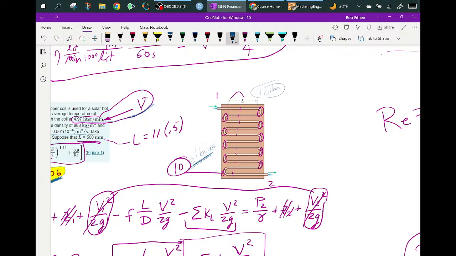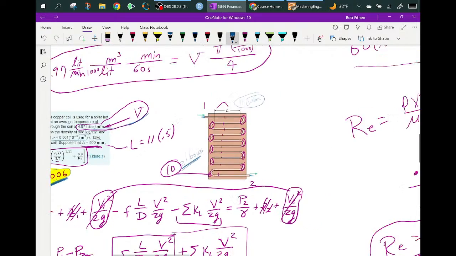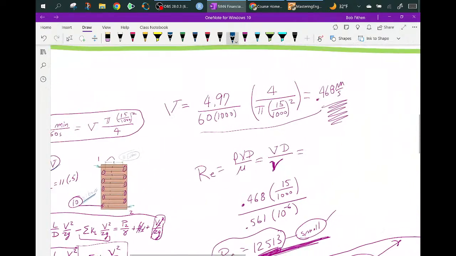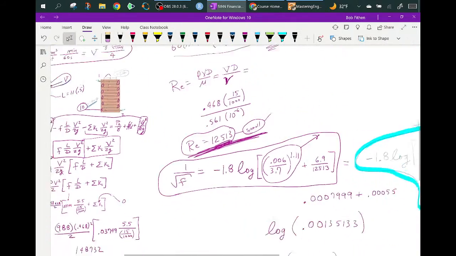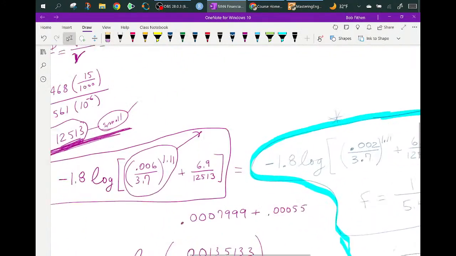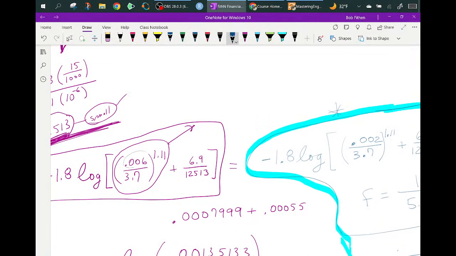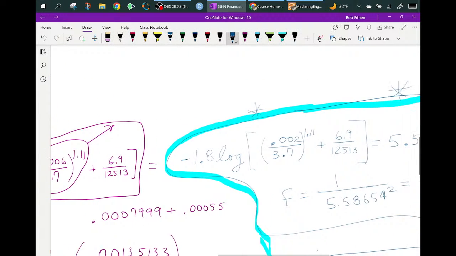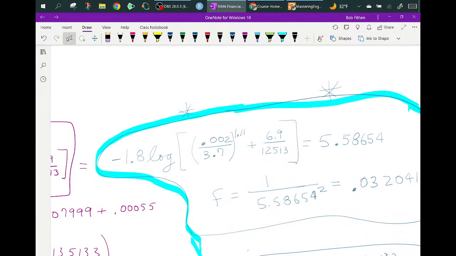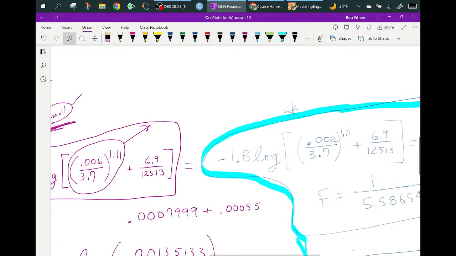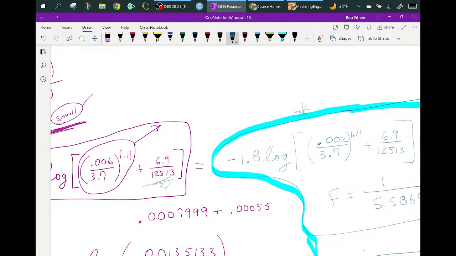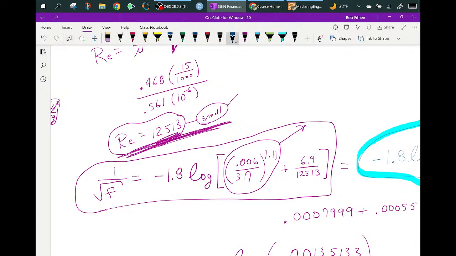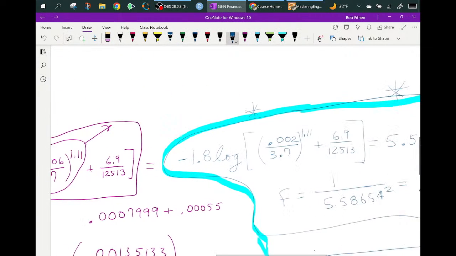He did not consider elbows in the losses, but if you go down here, instead of putting this as E over D, you put that, you solve this out, you still get the 12,000 for the Reynolds number, which came from right up here, which to me seemed fairly small, but that's okay.